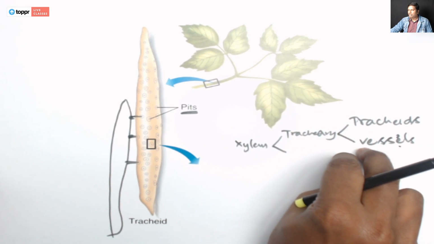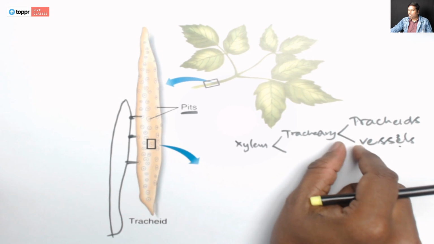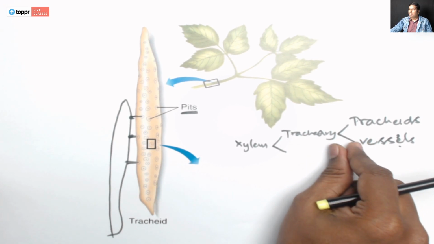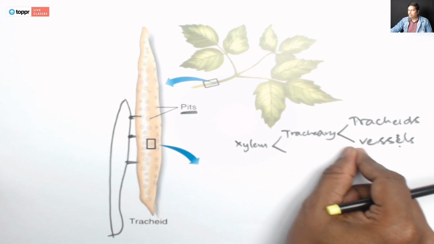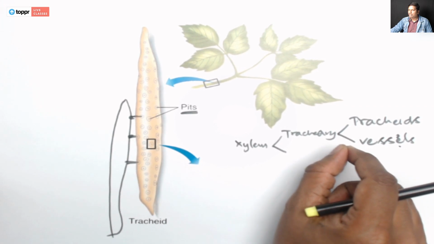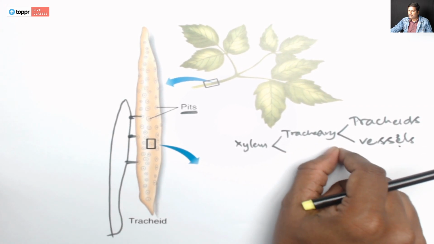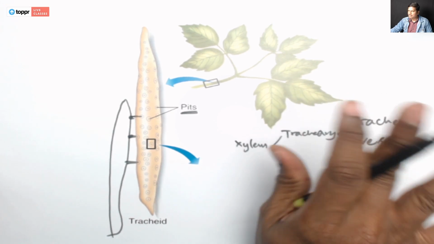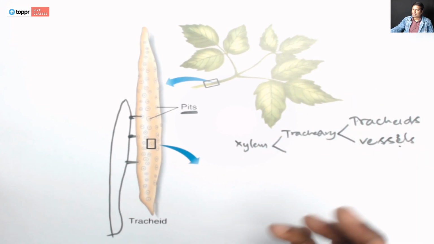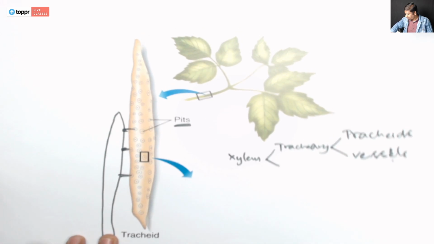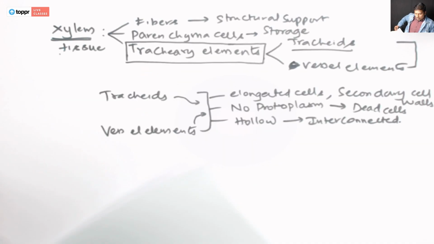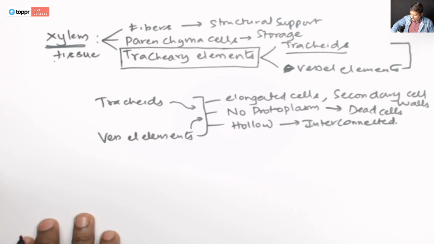If there is a border, you just have to remember one term: the bordered pits have a central bulged region called the torus, and that torus is involved in control of pressure on either side in the adjacent cells. You just have to remember torus, that's more than enough. So with this information in mind, we'll move to the next part.